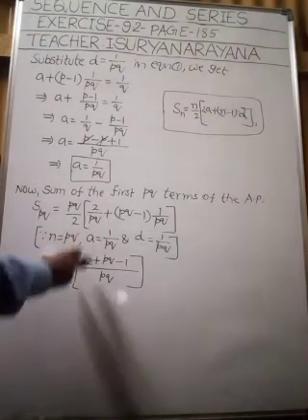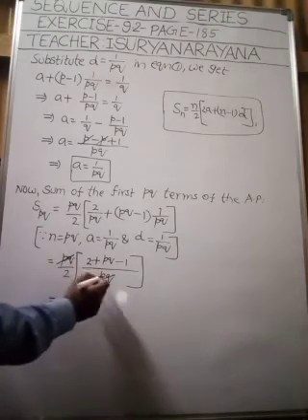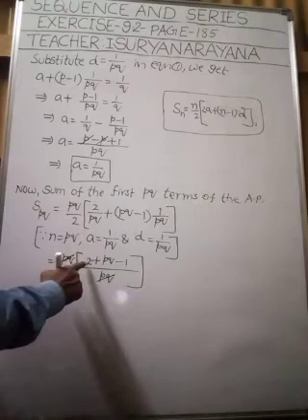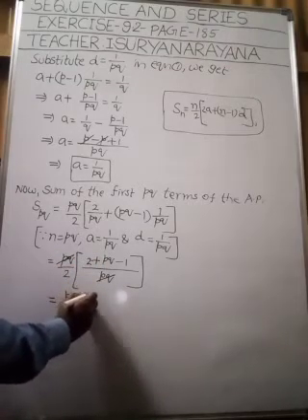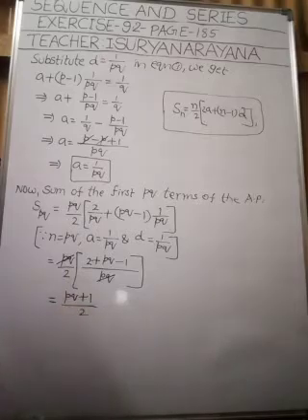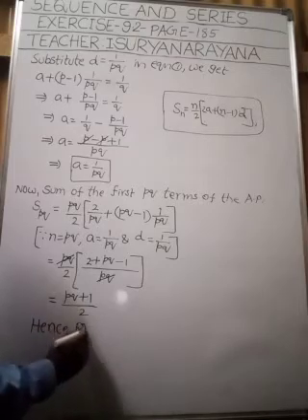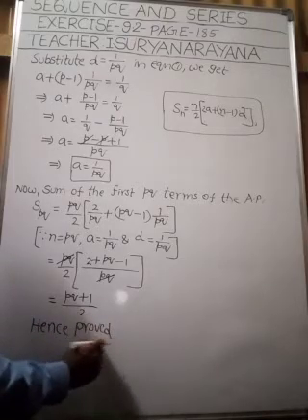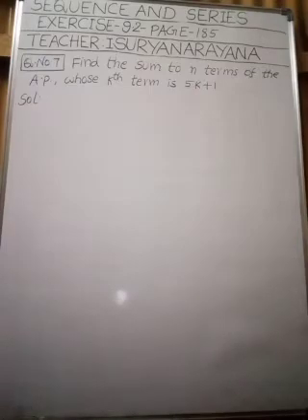Okay, my children. Right. Then what will you get? PQ gets cancelled. Okay, my children. Then what will you get in the numerator? PQ plus 1 by 2. Hence proved. Yes or no, my children? Hence proved. Understood, my children? Right.